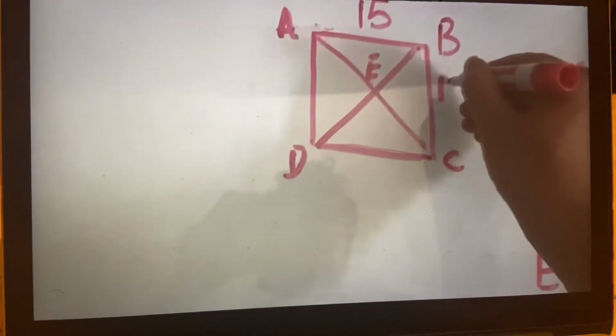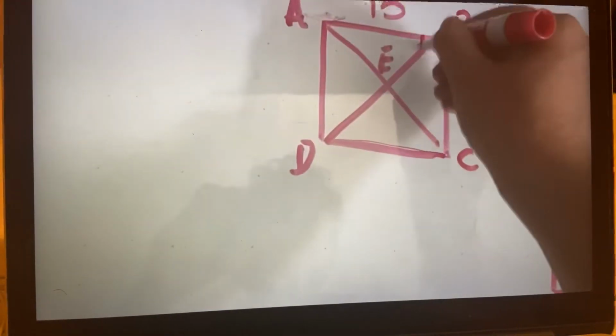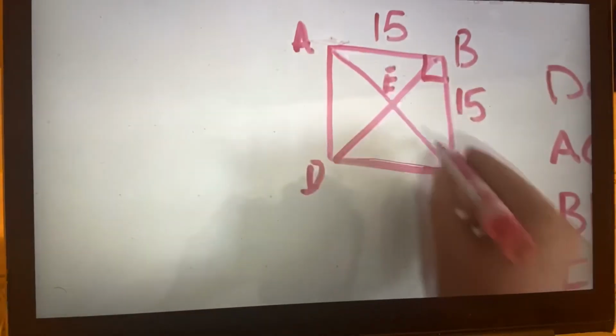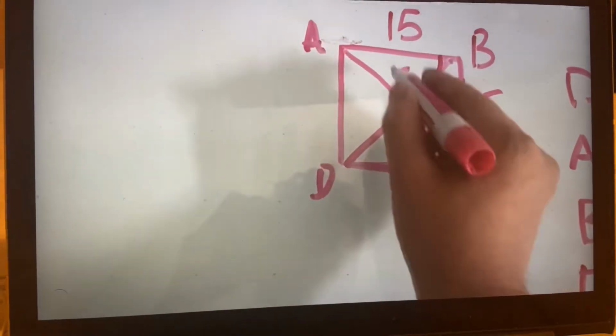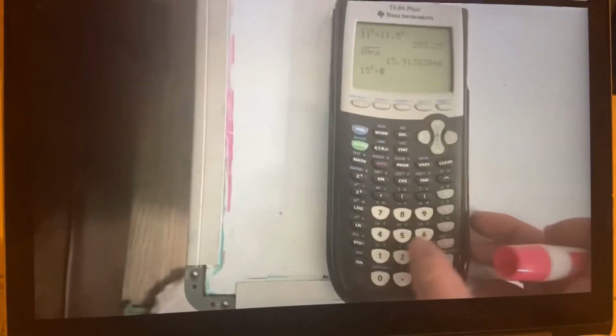Now, since this is 15 and similar to the rectangle, this has to be 90 degrees, right? We have 15 and 15, and we can find that hypotenuse if we look at the right triangle that is right here. I'm looking at this section of the square, and I just enlarged it. We'll do 15 squared plus 15 squared.